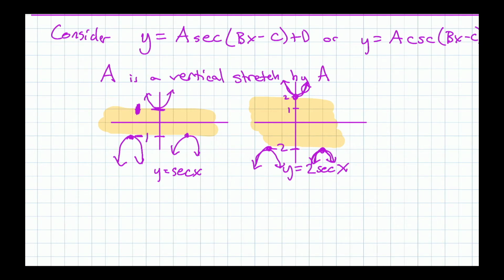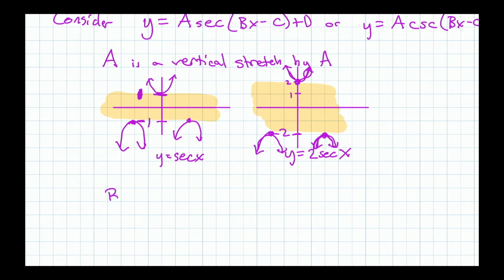Now, the B, we know, is not vertical anything, it's a horizontal compression. What does that mean?